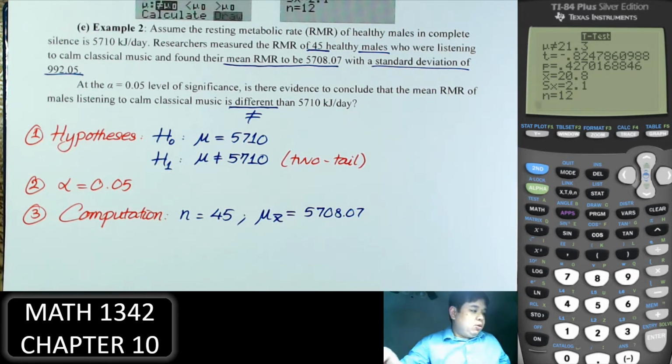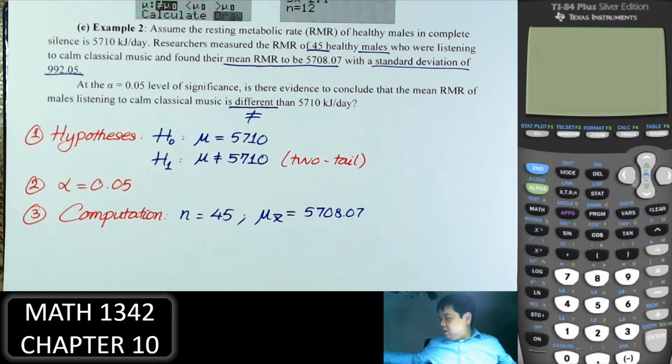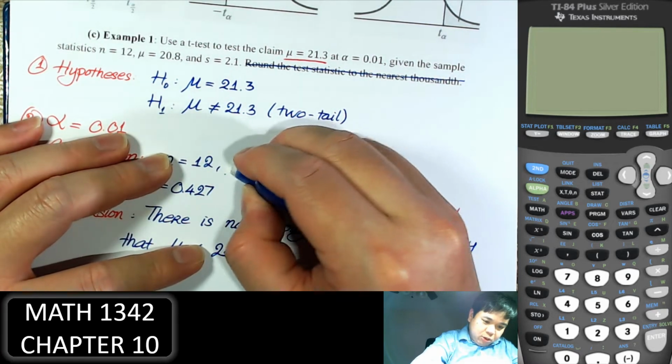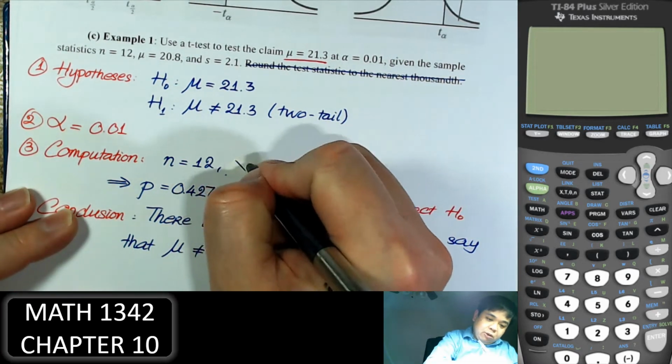Actually this is from the sample, so I used the wrong notation here. This is the mean for the sample, so just X bar.